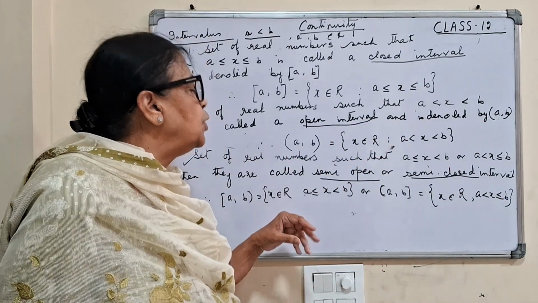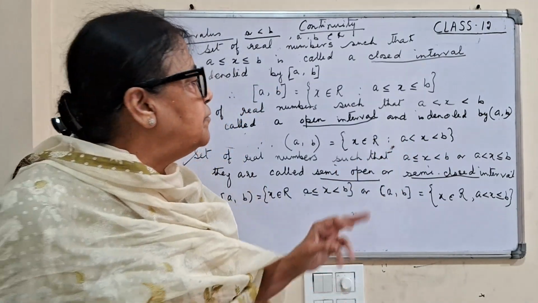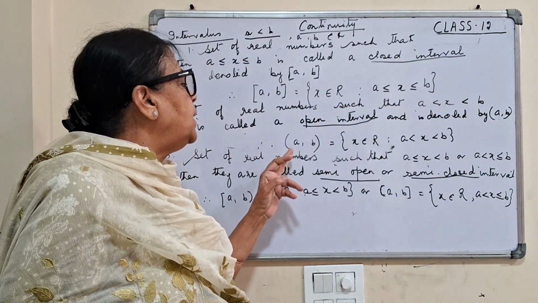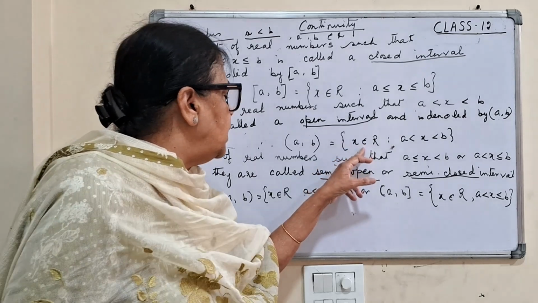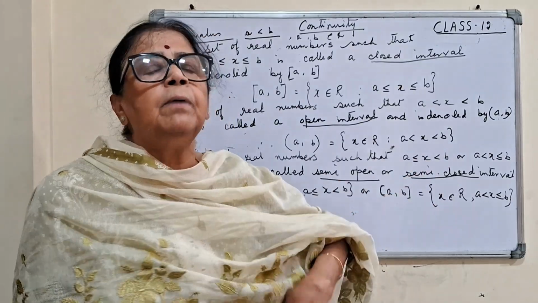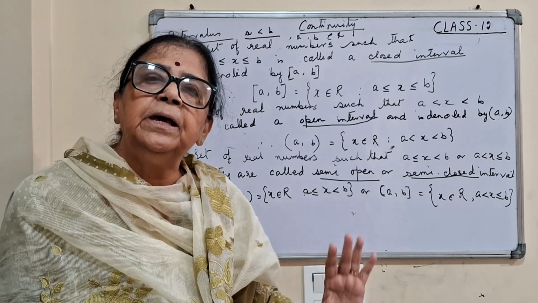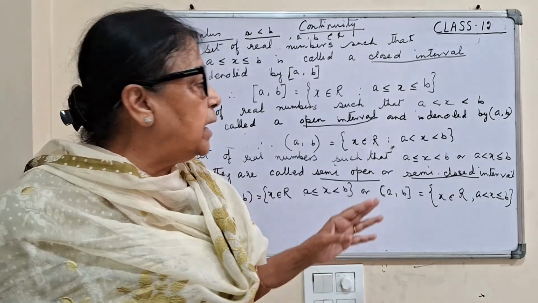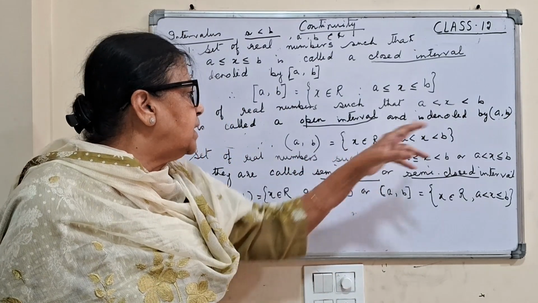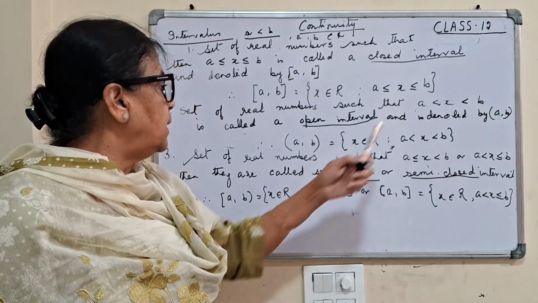An open interval is denoted by (a, b) with round brackets. Therefore (a, b) is the set of x belonging to real numbers such that a < x < b. That means a and b are not included, and x will never take the value of a and b.